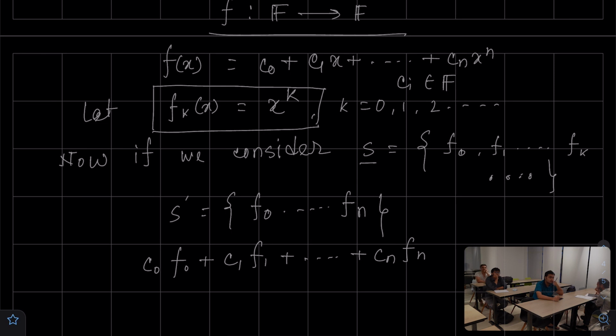So what are the elements of this vector space? First, identify the elements of this vector space. These are polynomials. You can add two polynomials, and you can multiply a polynomial by a scalar, and the scalar is coming from F.